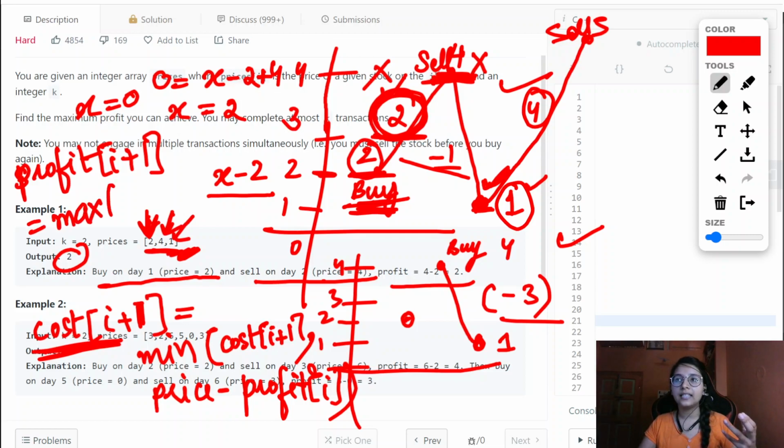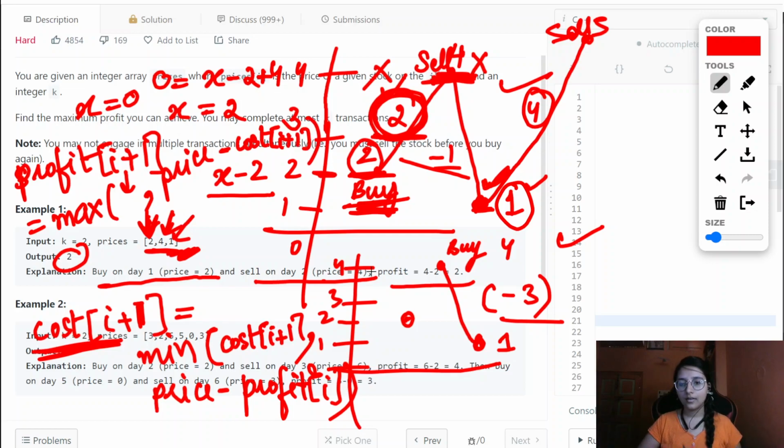So we take the maximum profit, being earned by the price of the present stock, subtracting the price at which we bought the stock. In that context, that would be simply on the basis of cost of i plus 1. Like this only we will be able to figure out how much profit we will be able to earn on selling this particular stock.